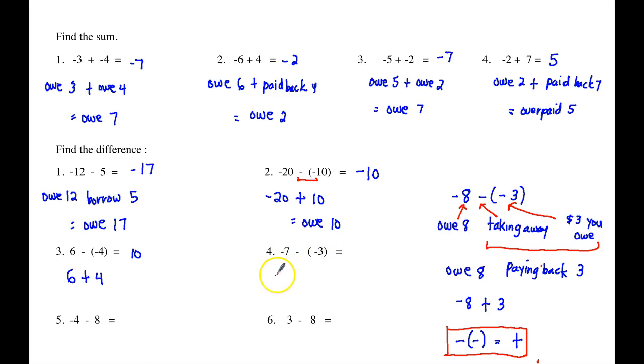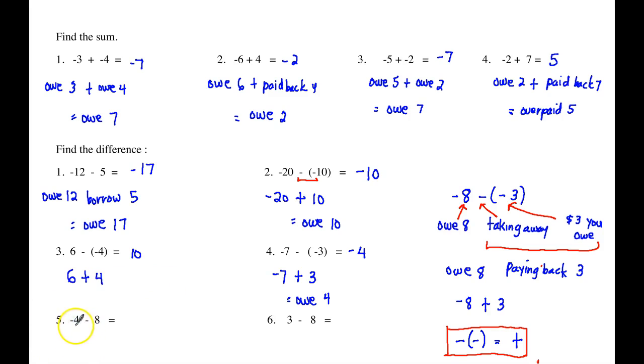So you're starting off with negative 7. Minus negative. Once you see minus negative, change that to addition. And then 3. You're paying back $3. So you're starting off with negative 7. You owe $7 and you paid back $3. So that means you still owe $4, which in math is negative 4.